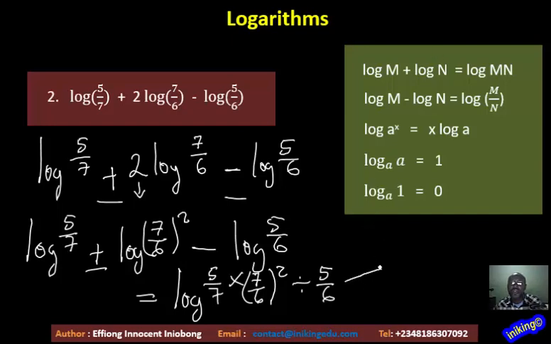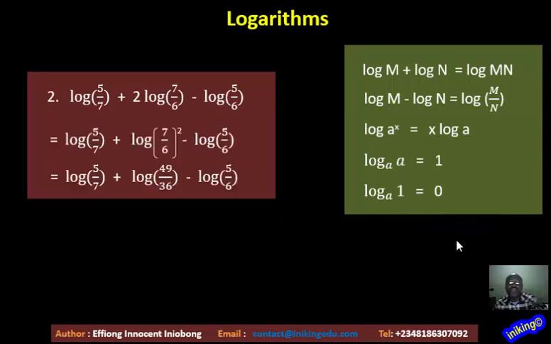Now let's write this in a more simplified form. This will be log of 5 over 7 times 49 over 36, and I change the divide to times, and I have this as 6 over 5.